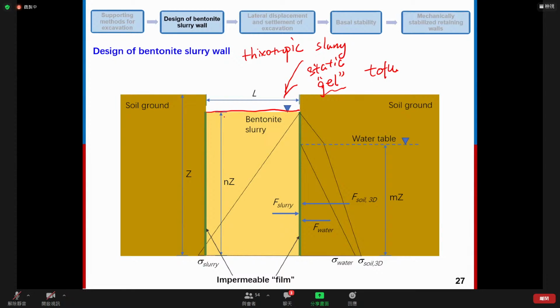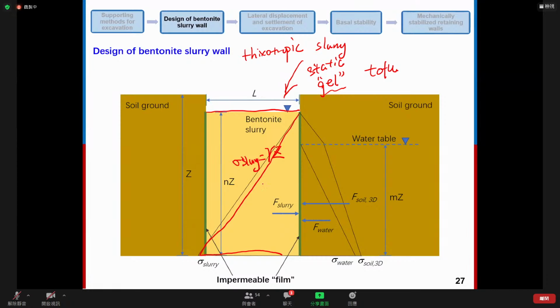So when we have bentonite slurry here, we have a pressure distribution of the bentonite. This one. This is the distribution, where sigma of the bentonite slurry is equal to the unit weight of the bentonite slurry times the depth.